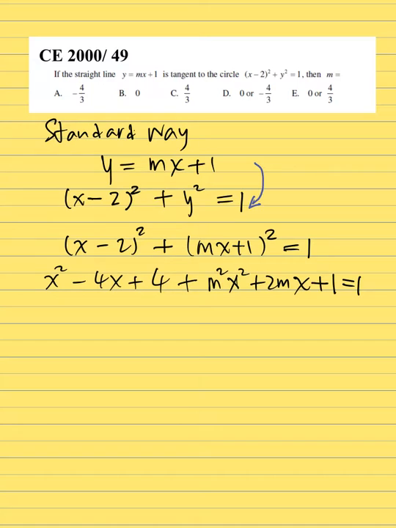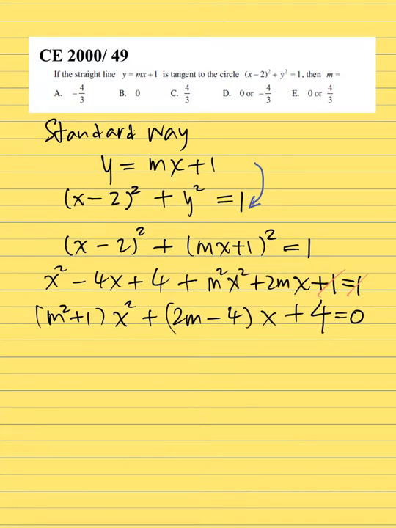Collecting like terms, the term in x squared is (m squared plus 1) x squared. The term in x is (2m minus 4) x, and then for the constant term, we can cancel out the 1 and only plus 4 is left.